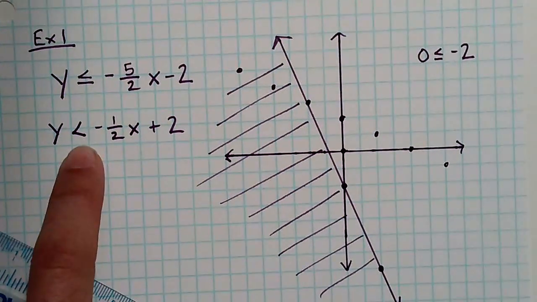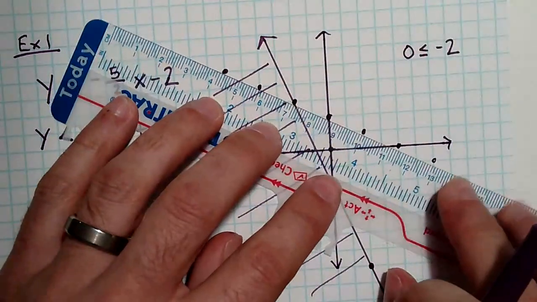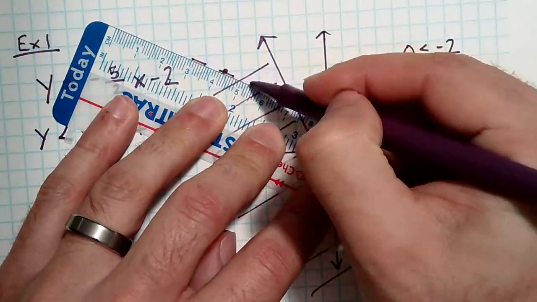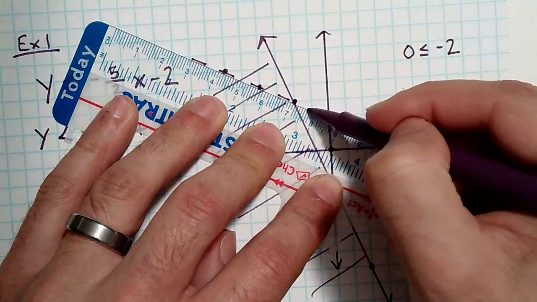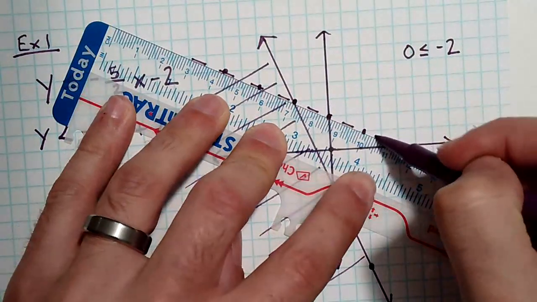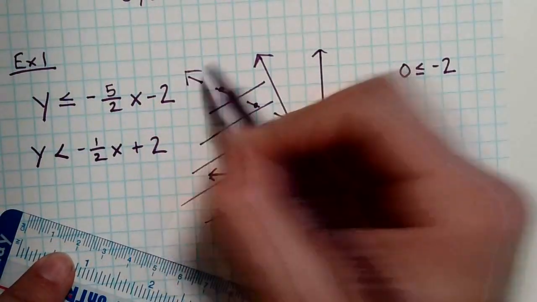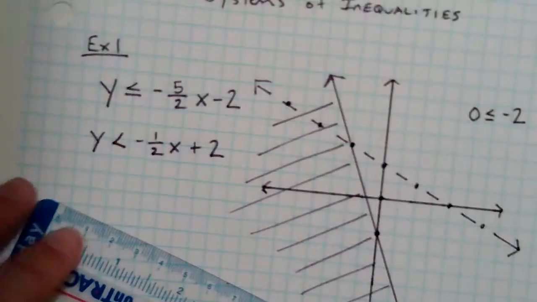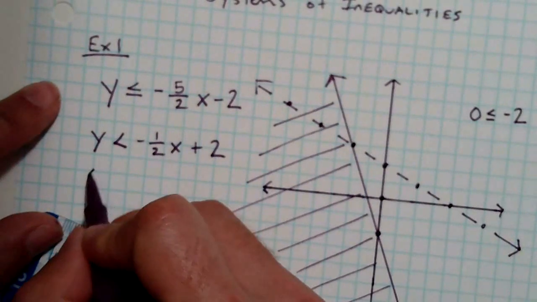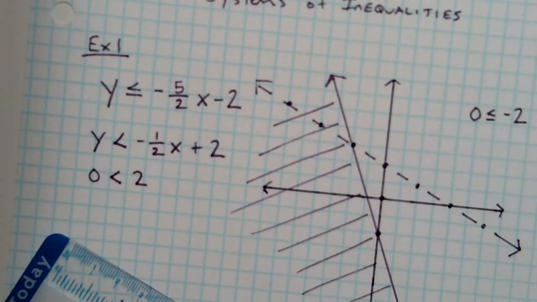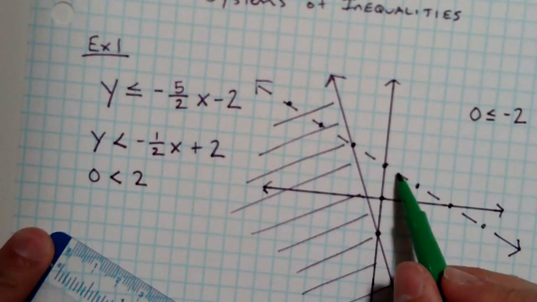This will be a dashed line. I check 0, 0: 0 is less than 2. That does work, so I shade below this line.